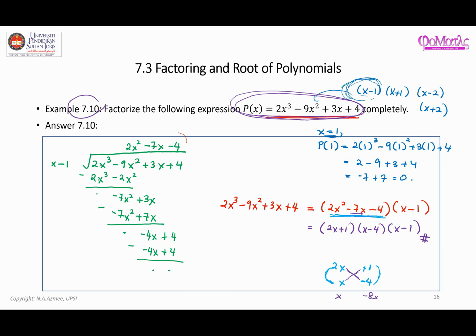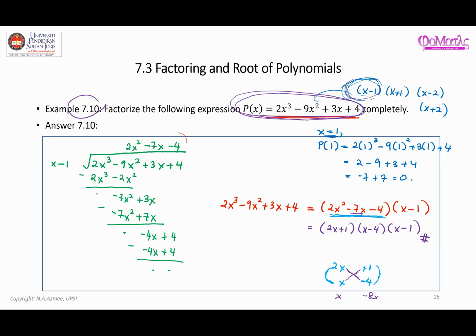function completely. So the method is by applying a long division process, but before that you need to guess the factor. So you can start with, you can consider something very simple like x minus 1 or x plus 1, x minus 2 or x plus 2. Those are simple factors that you can consider.